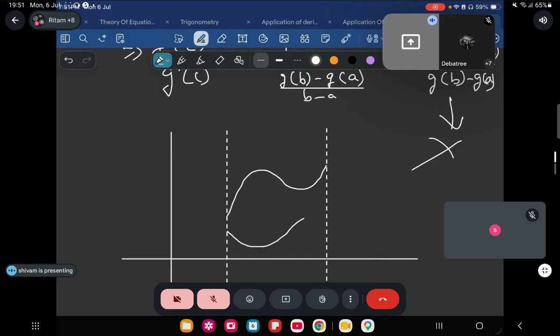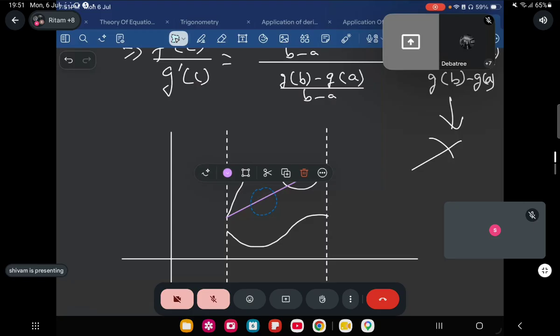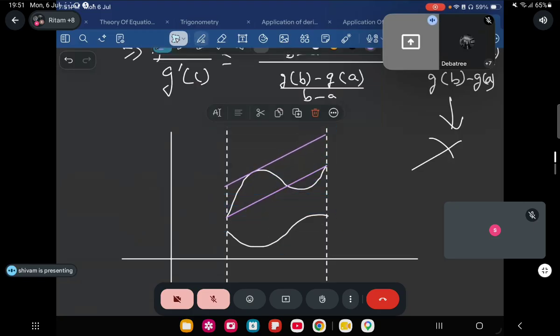Pay attention, everyone. This is the slope of the chord for f of x. And this is the slope of the tangent at a particular C for g of x.